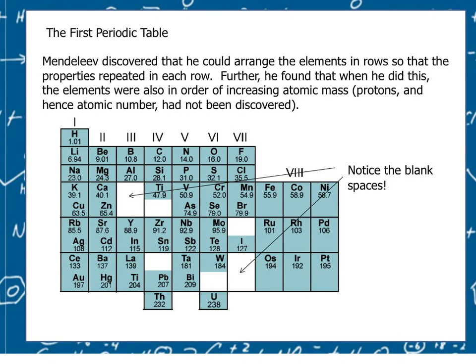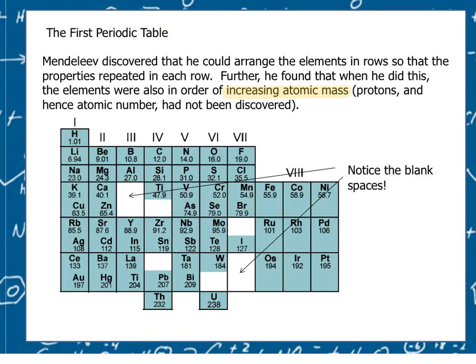And so when he arranged the elements so that the properties repeated in each row, he found that they were actually in order of atomic mass. So he could sort of shorthand this repeating pattern of properties just by putting them in an order so that the atomic mass increased each time.